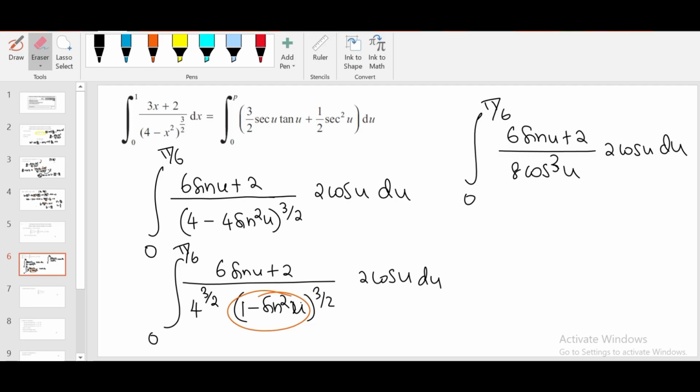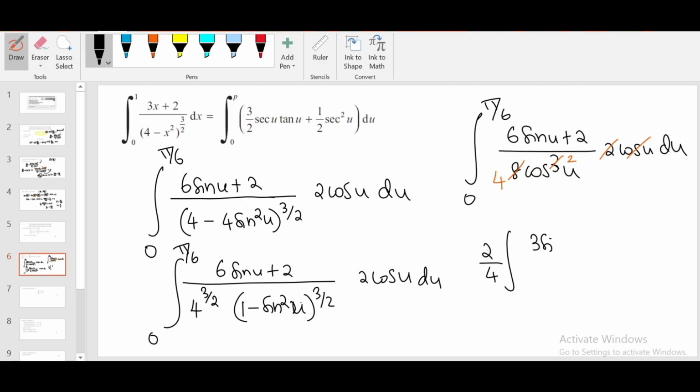We can cancel 1 cos u here, it becomes cos square. Cancel this, becomes 4. And from the numerator I'm going to take out a common factor of 2. So we will have 2 divided by 4 integral of 3 sine u plus 1 divided by cos square u du. 2 over 4 is basically 1 over 2.